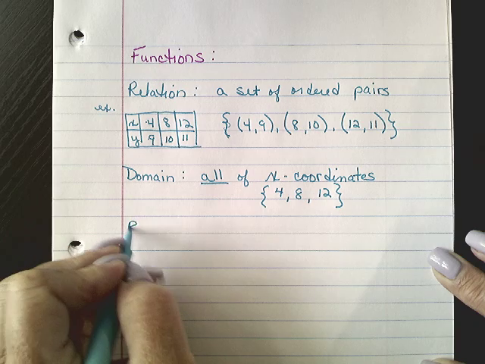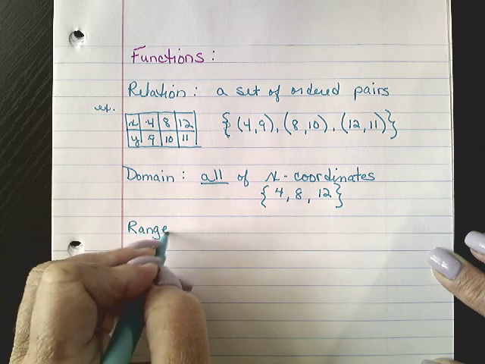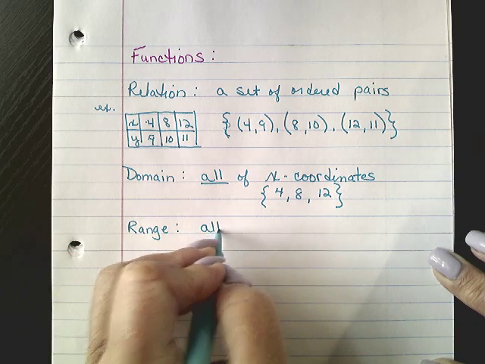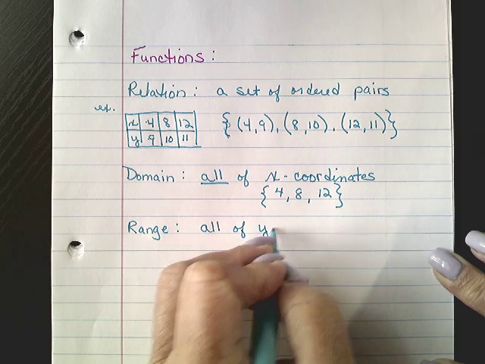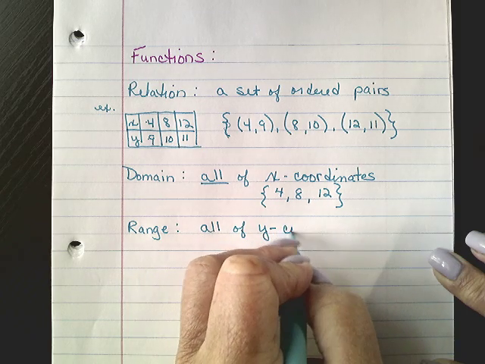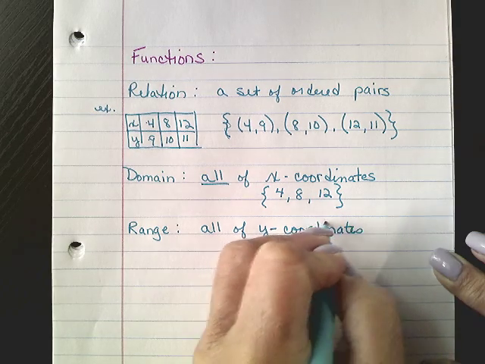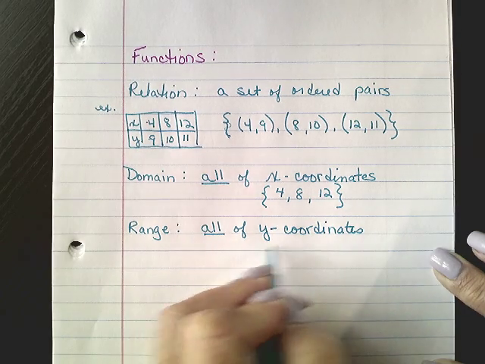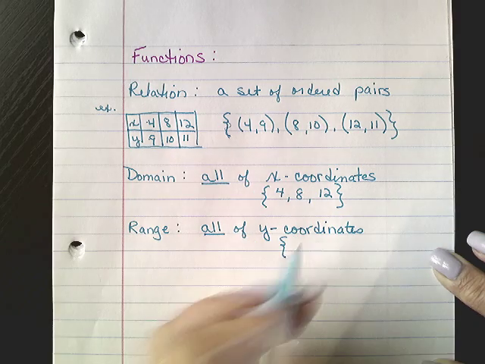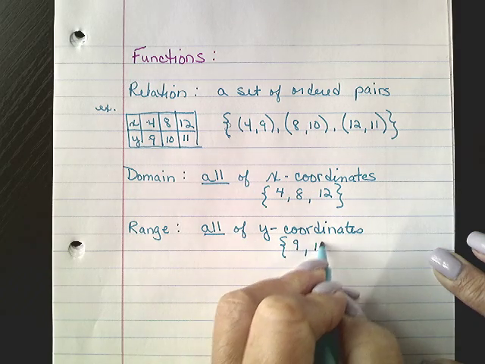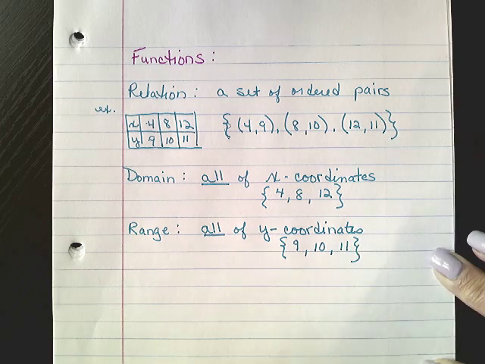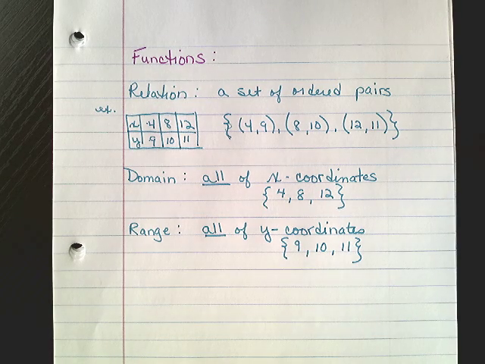The range is all of the y coordinates. And what are all of our y coordinates from our table up above? 9, 10, and 11. So a relation is just a set of ordered pairs. The domain is all the x, and the range is all the y.